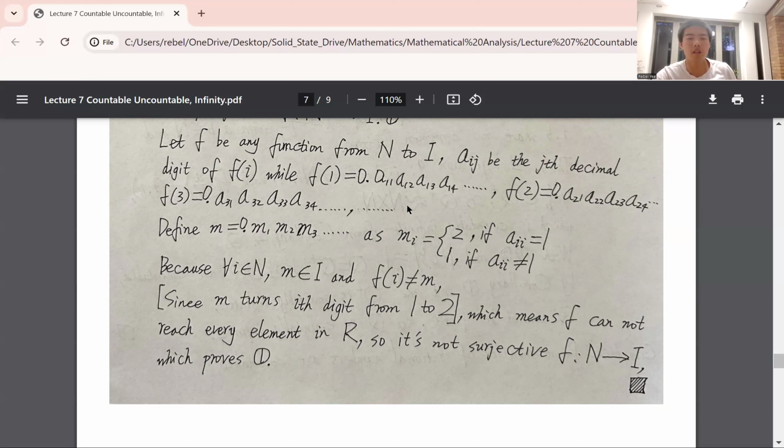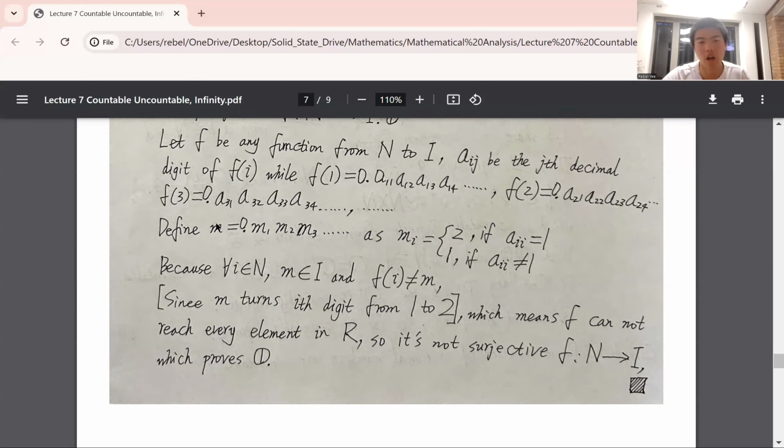So we say f is any function from N to I, and a_ij denotes the j-th decimal digit of f(i). Because it goes from 0 to 1, it's all in the form of 0 point something, right?